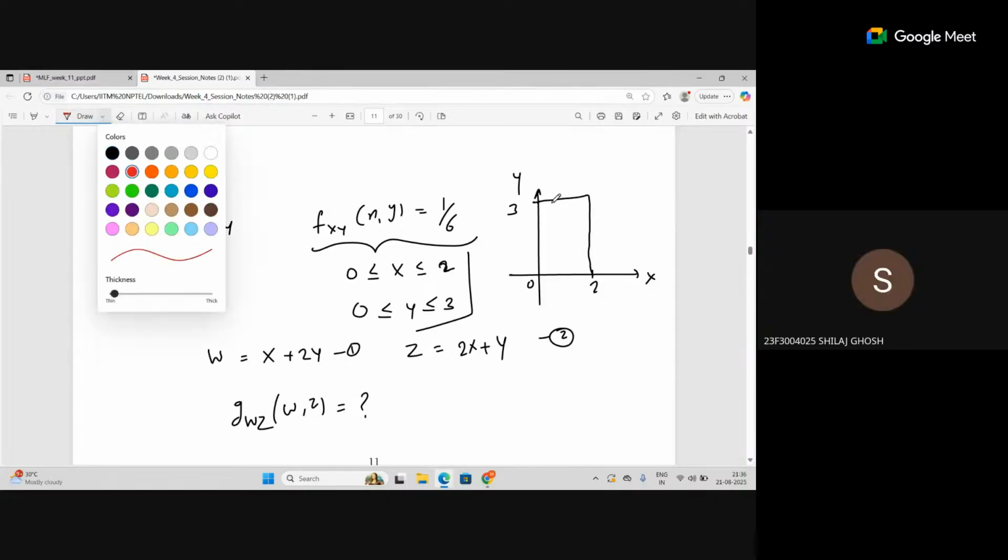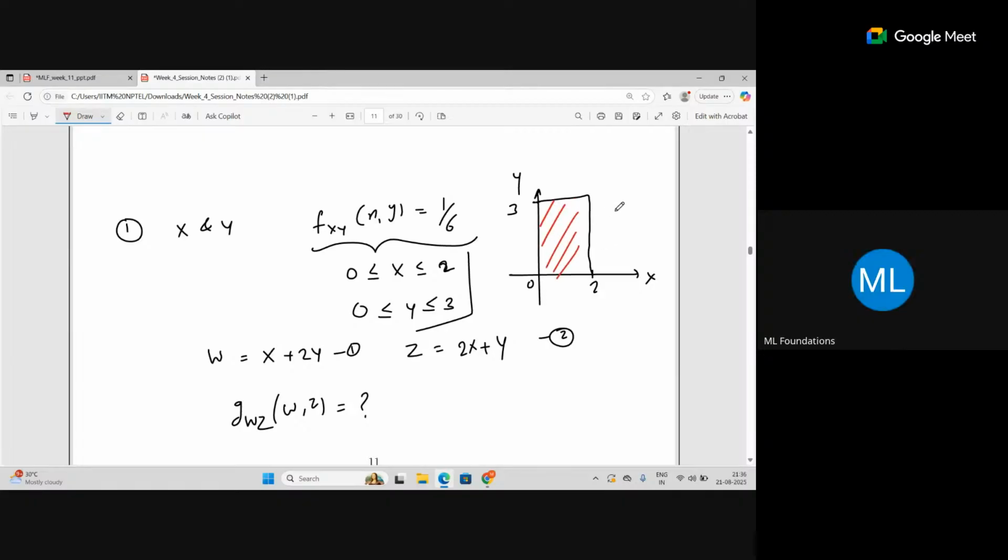So this is the support of x and y. And what was the density of it? It was 1 by 6 over this area, and that is actually going into the third direction, correct? If you integrate this density 1 by 6 over this box constraint, it will be equal to 1.